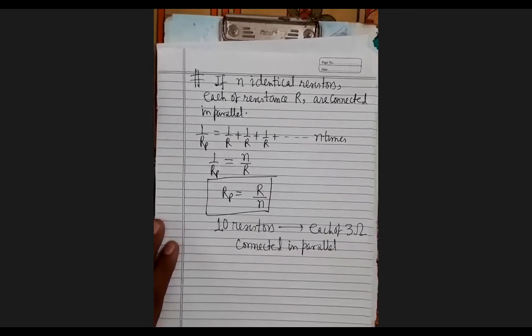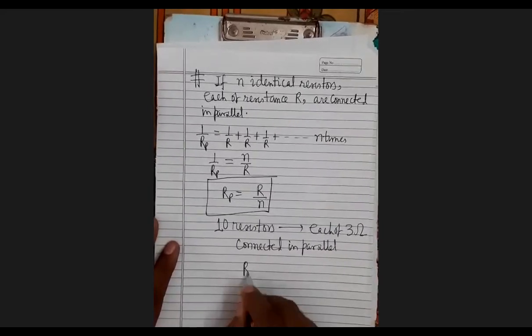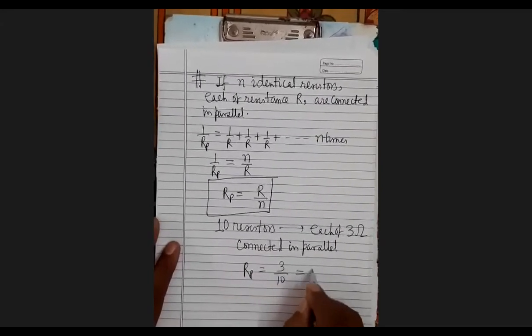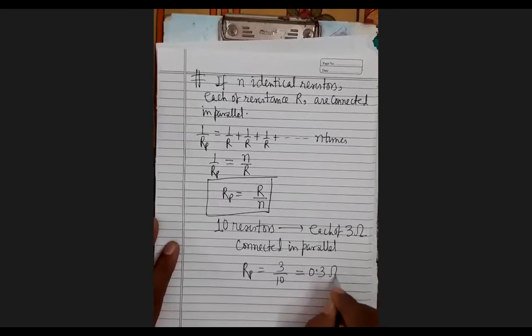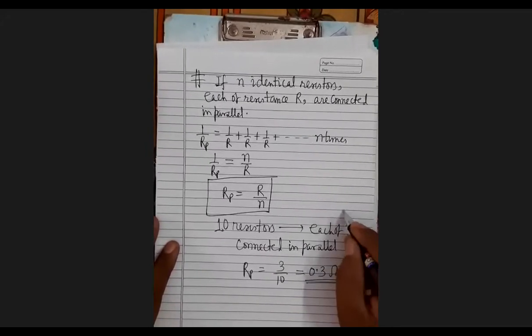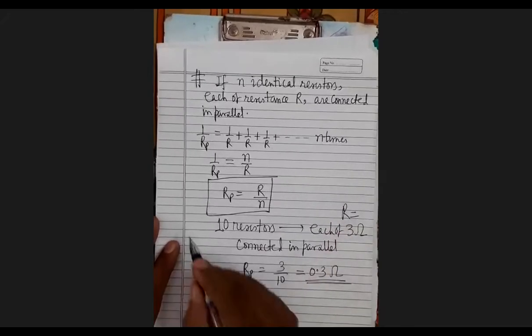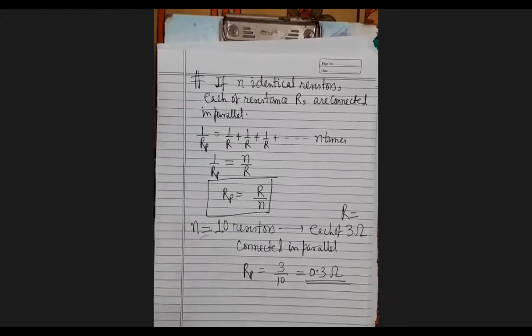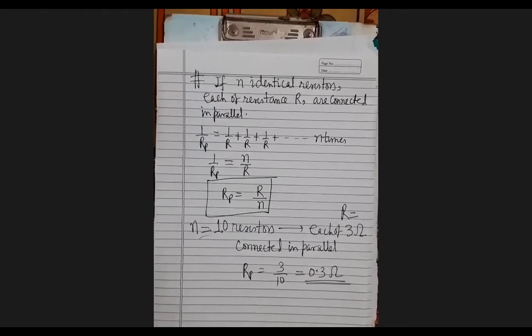Then what will be the equivalent resistance? Rp equals 3 upon 10, that is 0.3 ohm. Because R is 3 ohm, how many are there? 10. So n equals 10. So it will be equal to 3 upon 10. It's clear? That is 0.3 ohm.